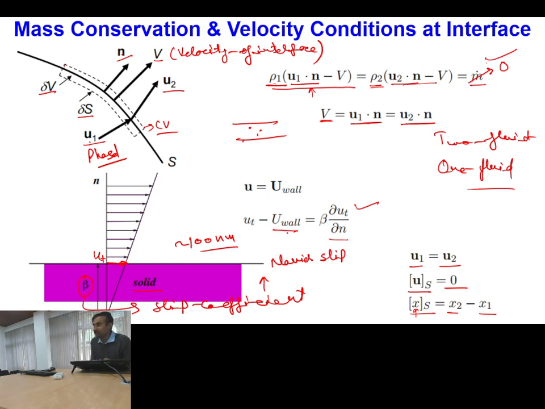On this side you have velocity, so to satisfy dimensional homogeneity, where n is the normal direction, beta has to have dimensions of length. So this is called the Navier slip length, and typically beta is the length at which, if you extend the slope of this line, it comes to rest inside the wall. From the surface of the wall into the wall, the distance at which your velocity comes to rest is called beta, which is the Navier slip length.